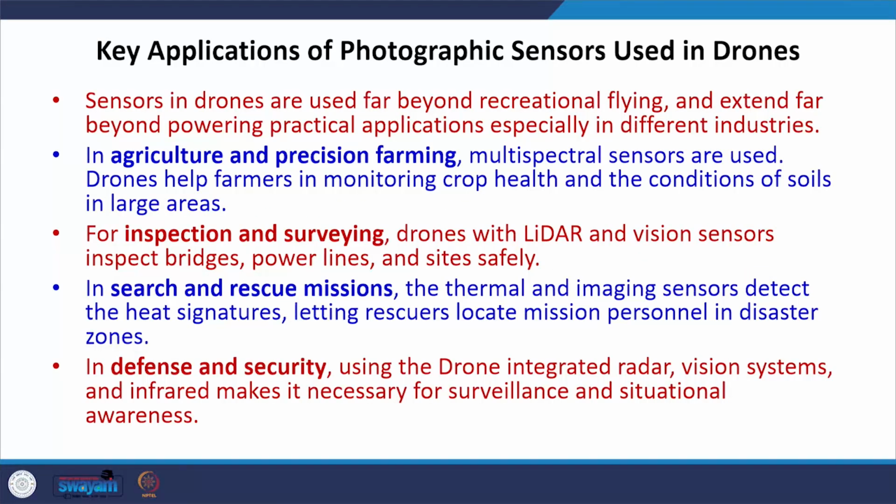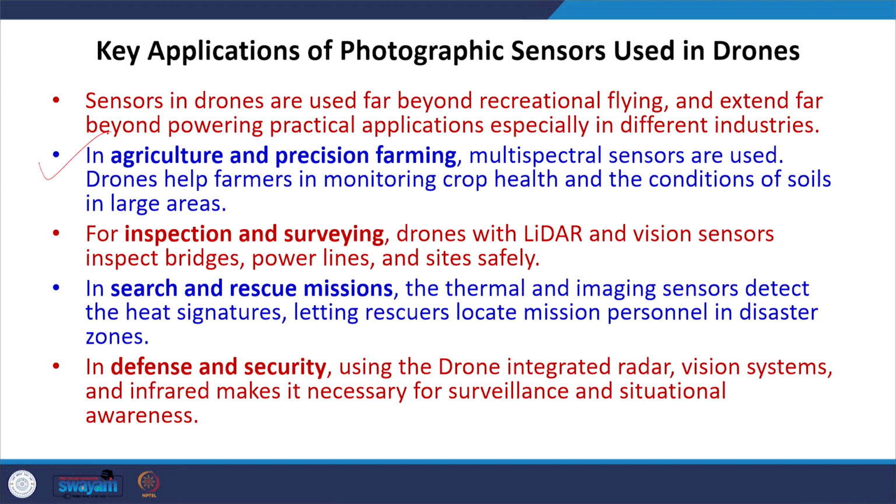Now, if we look at the key applications of these photographic sensors which we are using in the drones, they are used in several applications like recreational activity or industry or agriculture and precision farming.